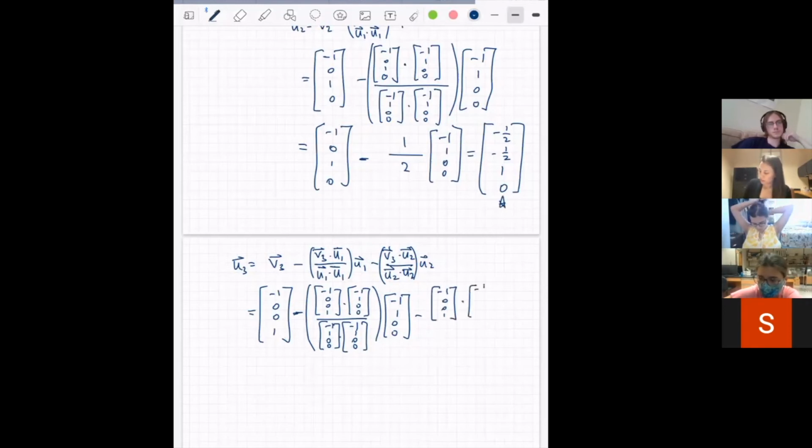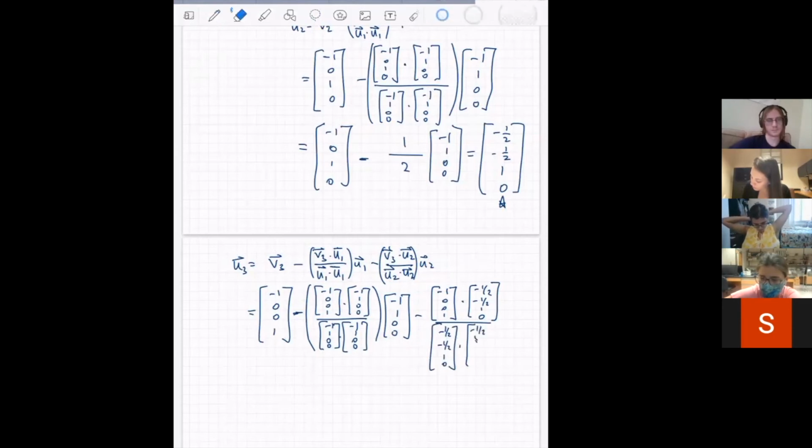So we dot with minus 1/2, minus 1/2, 1, 0 over that dotted with itself times that thing.